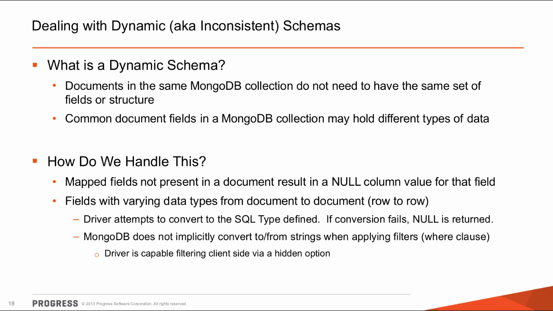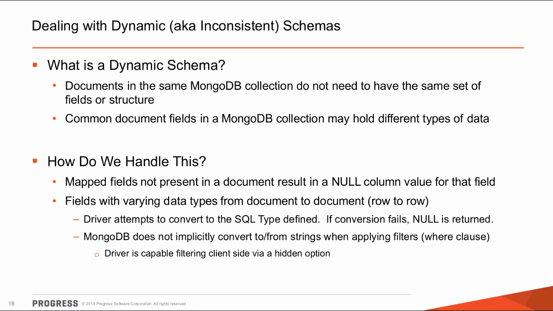What about these fields with varying data types? The driver is going to attempt to apply the type definition that's defined in the schema using the schema tool. If the conversion fails, a null is going to be returned, and there's a set of coercion policies to force that type where possible.